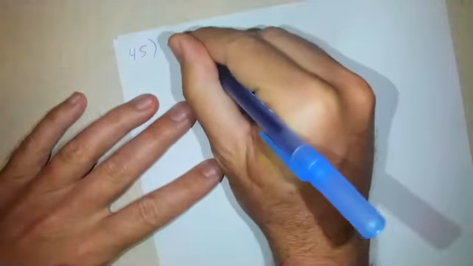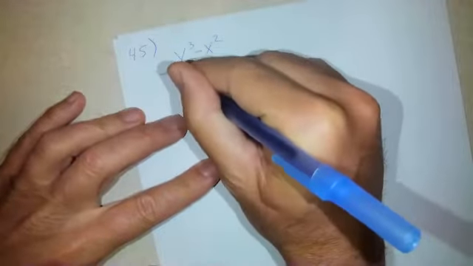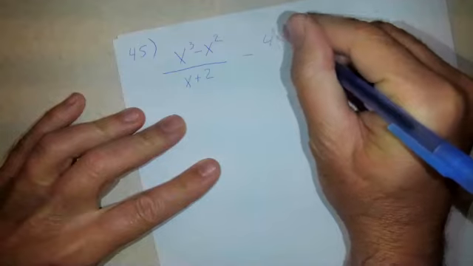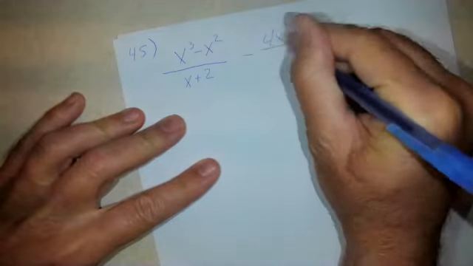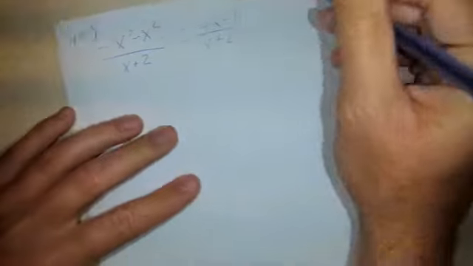In number 45, add or subtract and simplify. It starts by looking like x cubed minus x squared over x plus 2 minus 4x minus 4, also over that x plus 2.